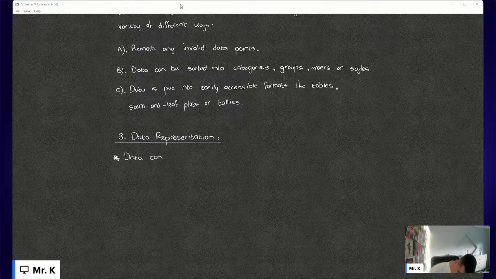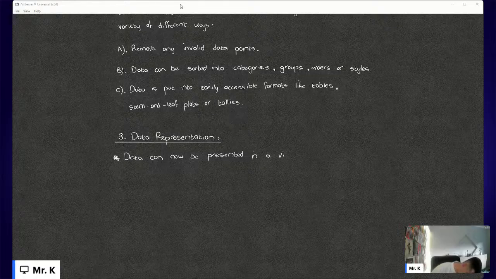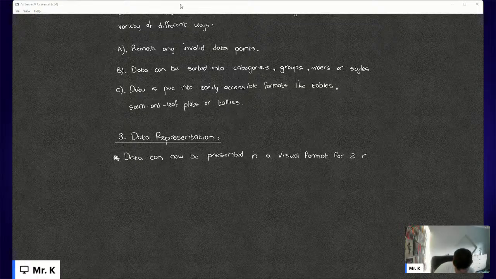Data can now be presented in a visual format for two reasons, right? Number one, or let's rather say point A, it is easier to spot trends and patterns.